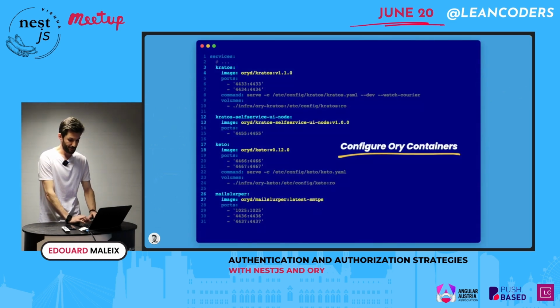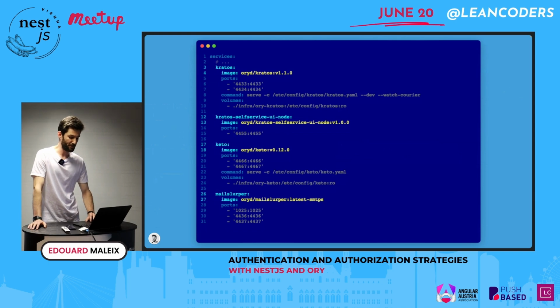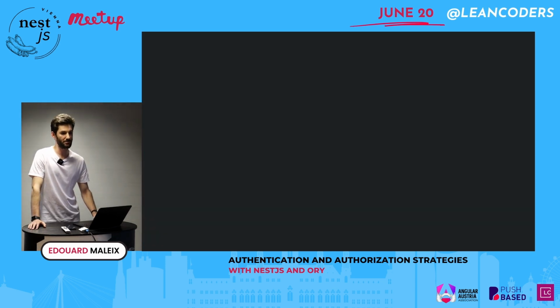So starting with our Docker Compose setup. Here we'll have those four images: Kratos, the self-service UI that we mentioned, Keto, and Mailslurper, which is a simple server UI that will receive our emails and allow us to mock an SMTP server. Makes things a bit easier for local development. We expose the ports that we need to access in our NestJS backend.